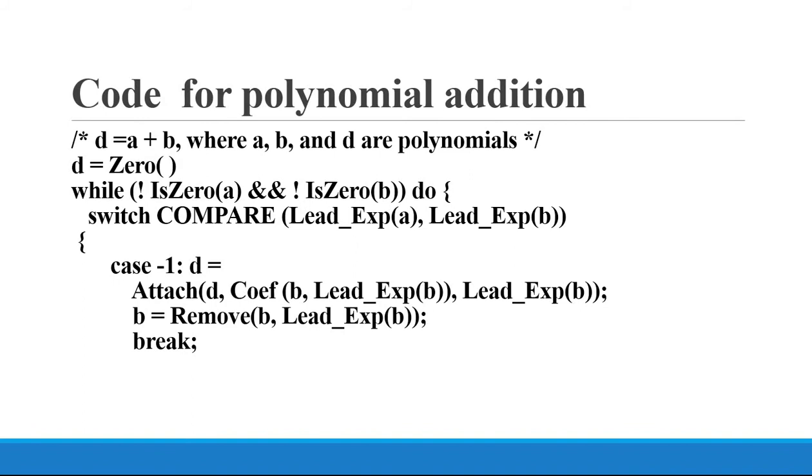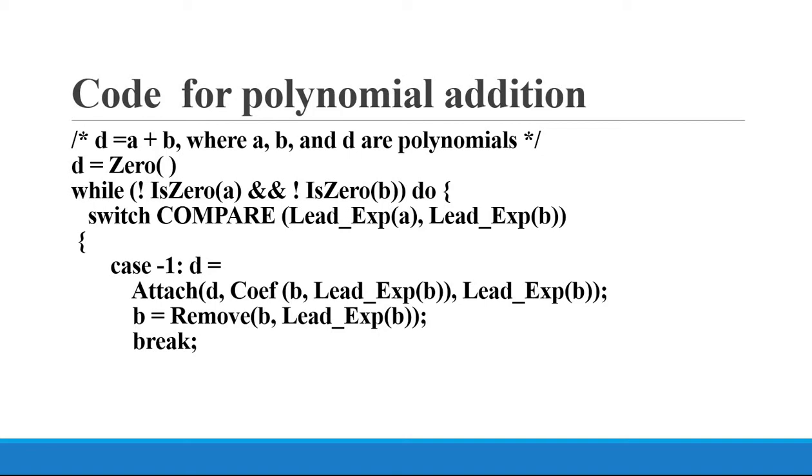Even if the coefficient is 0, we are storing it. That's an inefficient way of storing the polynomial. But for that simple method, we'll see how we write the code for addition. So, code for polynomial addition.